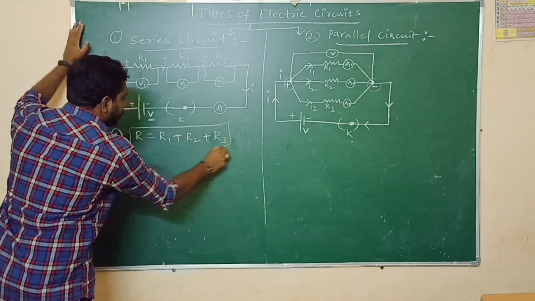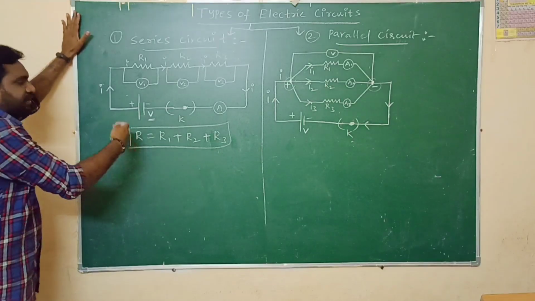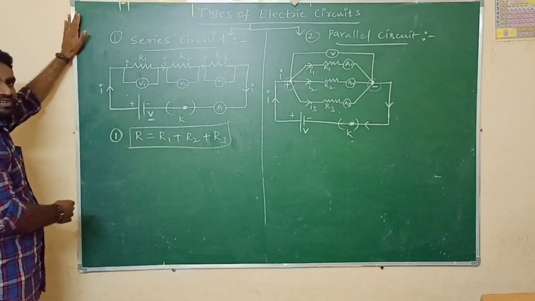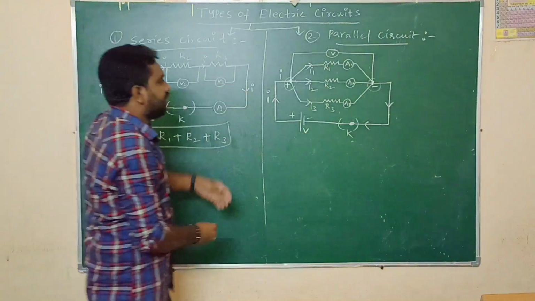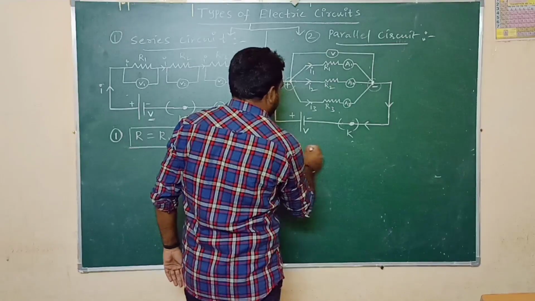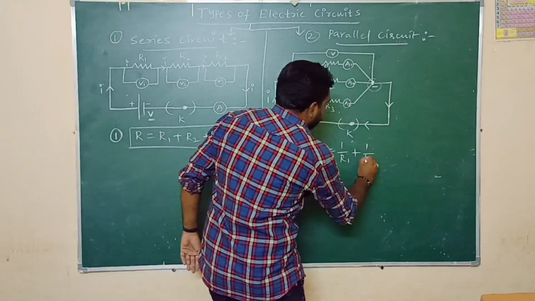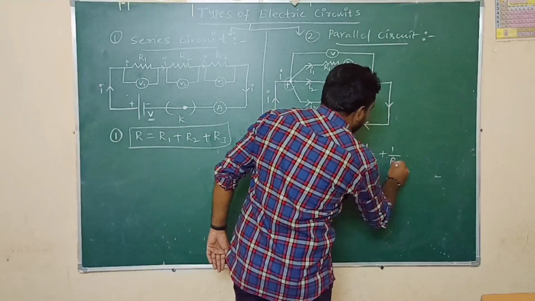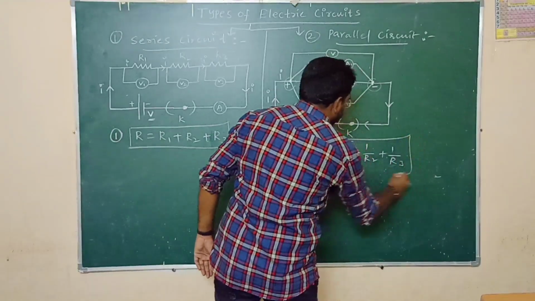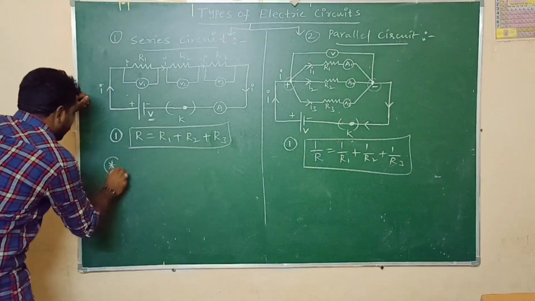We use this formula when more than two resistors having different resistances are connected in series. And in parallel also, when more than two resistors are connected in parallel, we can write 1 by R equals 1 by R1 plus 1 by R2 plus 1 by R3. This is a very important formula.